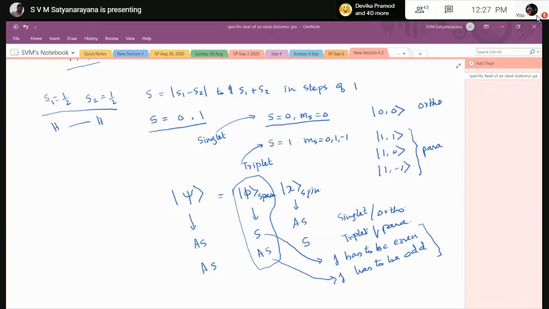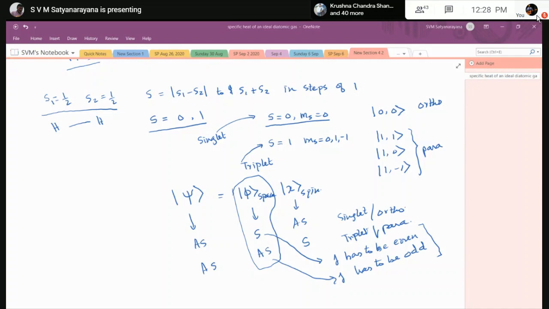Suppose you take one H2 molecule and another H2 molecule, and then write a two-particle wave function for two H2 molecules, then it will be symmetric because each H2 molecule is a boson. But if you take one H atom and another H atom, then write the H2 molecule wave function, since each H atom is a fermion, the total wave function has to be antisymmetric.